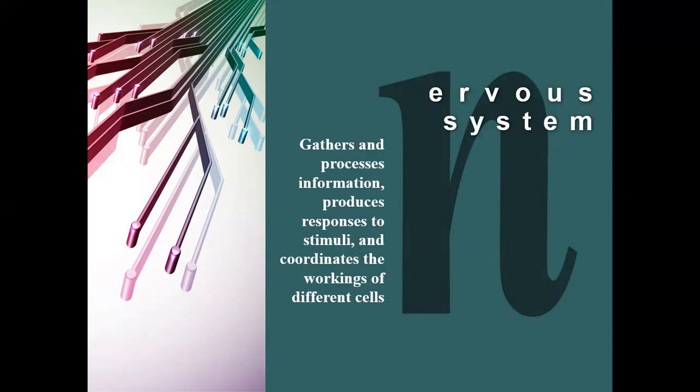The nervous system gathers and processes information, produces responses to stimuli, and coordinates the workings of different cells. So you might think of the nervous system as a superhighway that electrical impulses go down, and these electrical pulses help to run the functioning of different cells.